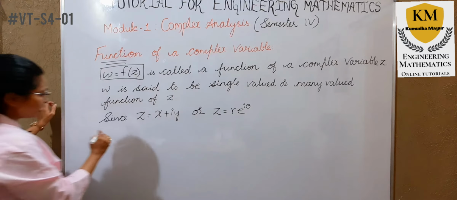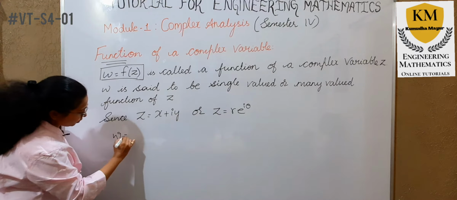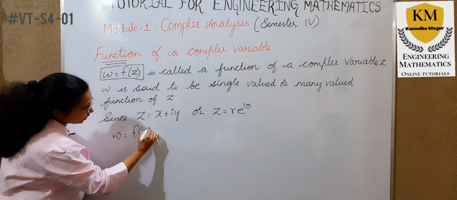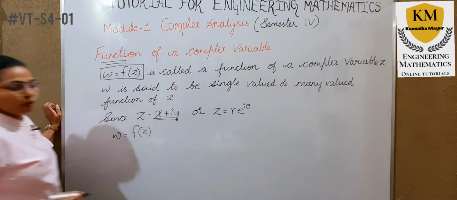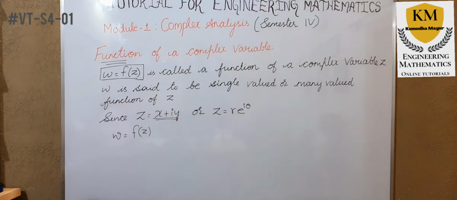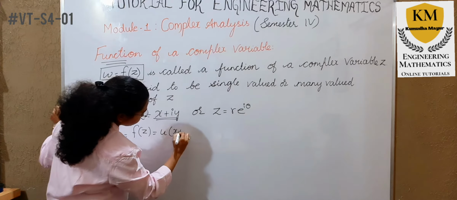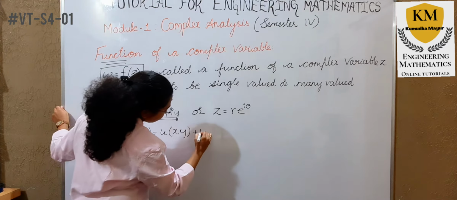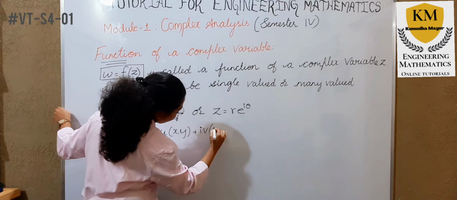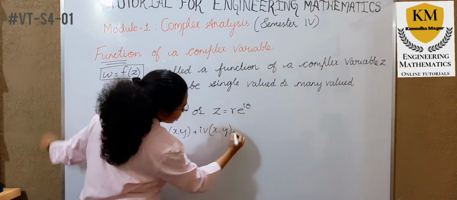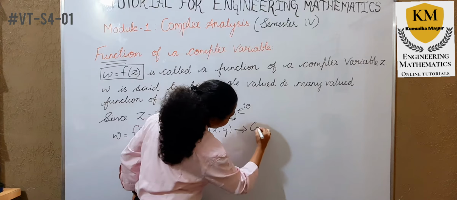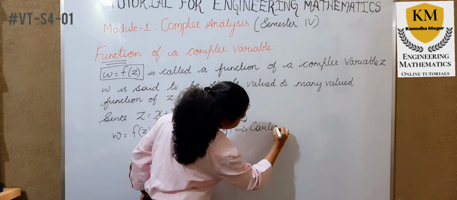Whereas if we consider w is equal to f of z, with x and y as the two real numbers, we can write this as u of x comma y plus i times v of x comma y. So this exactly says about Cartesian form.